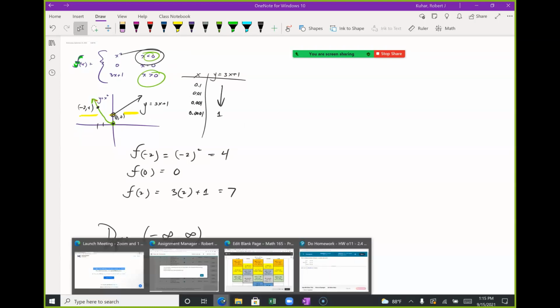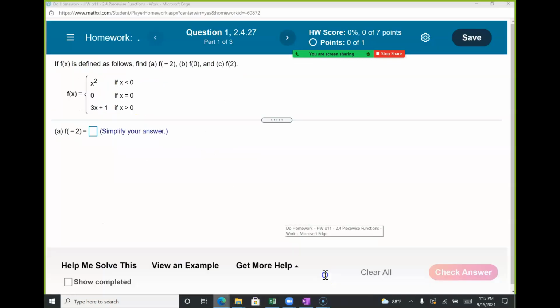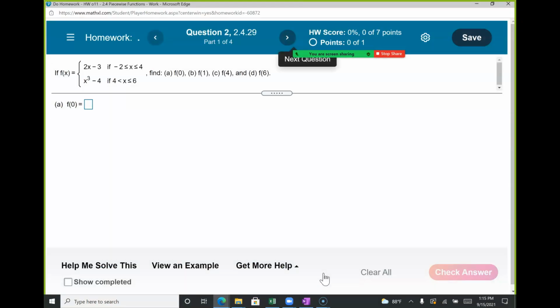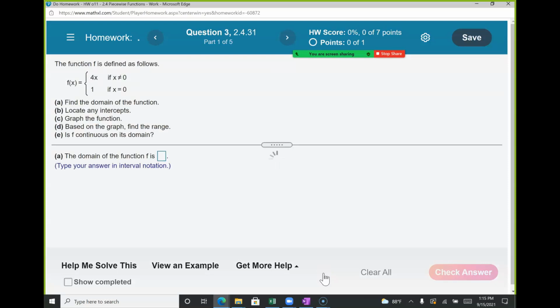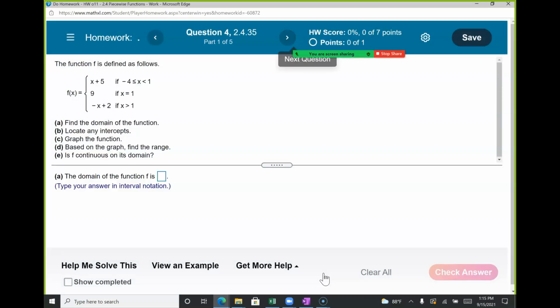Let's do another problem here, piecewise. Yeah, this is okay. No, let me go more difficult. Oh, I'm supposed to give you a piecewise on.